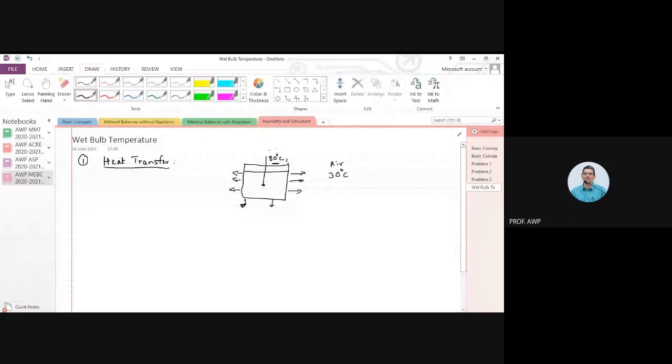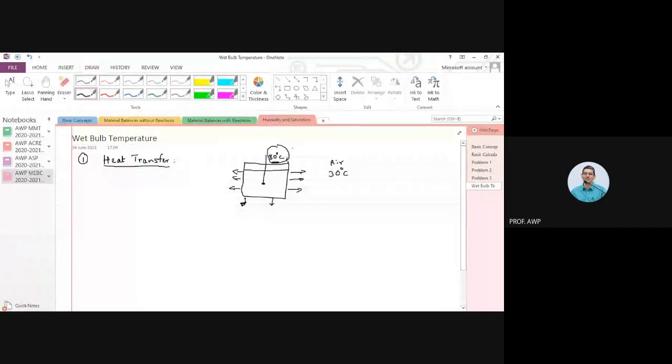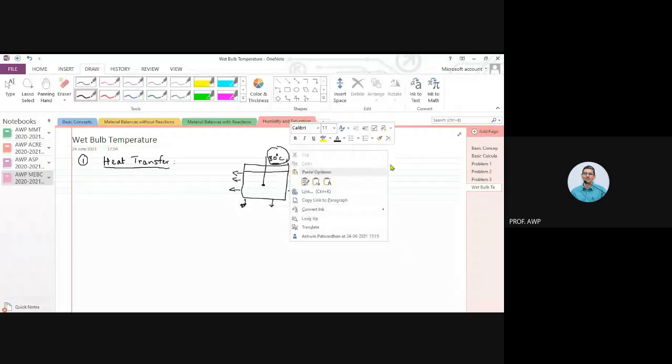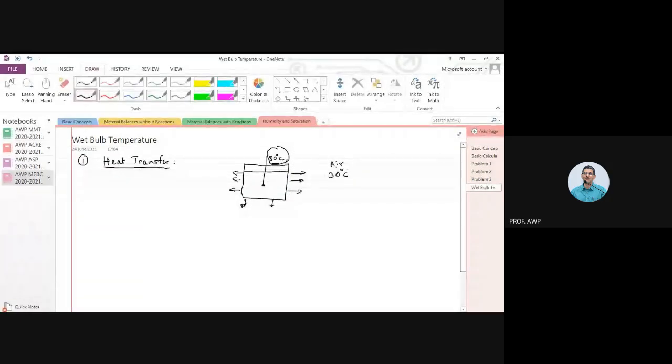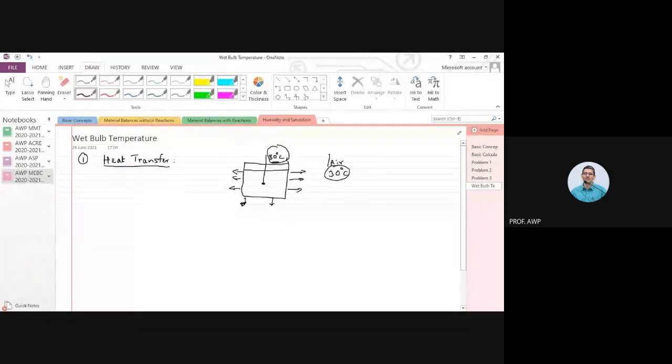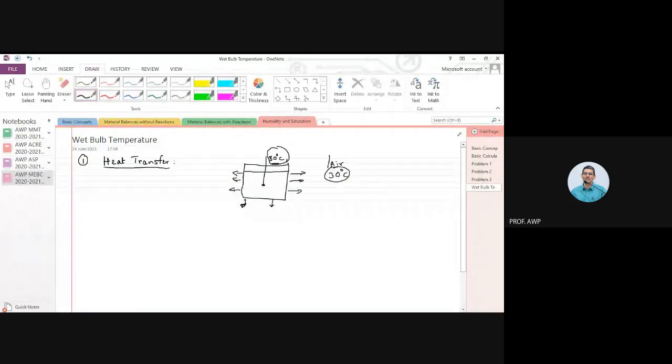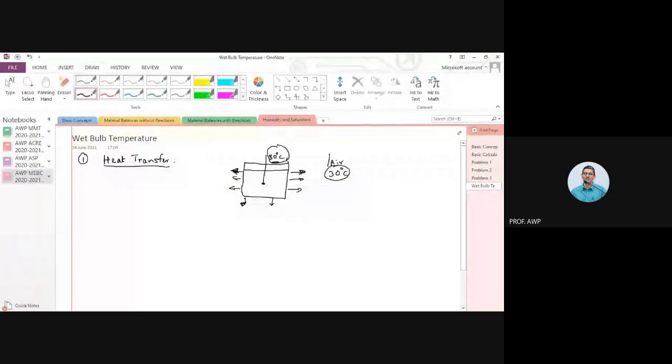Why is this cooling? Because this temperature is higher than this temperature. Heat is being transferred from 80 degrees centigrade to air which is at 30 degrees centigrade, and we are saying that air temperature remains the same, at 30 degrees centigrade.